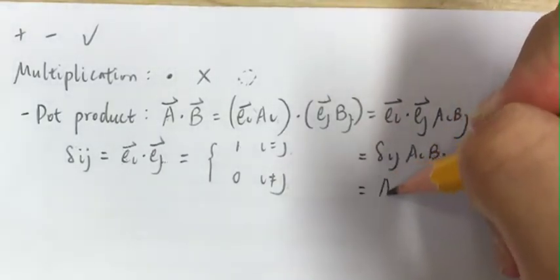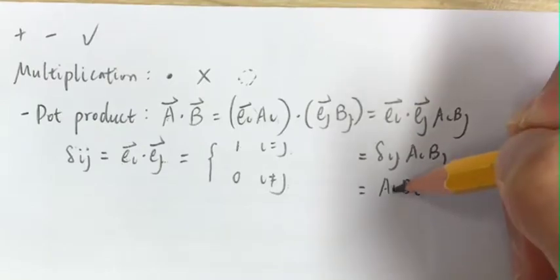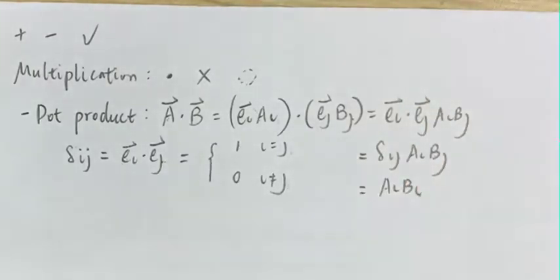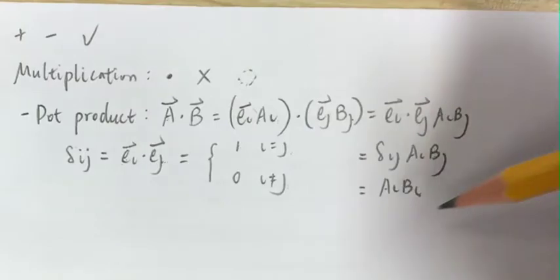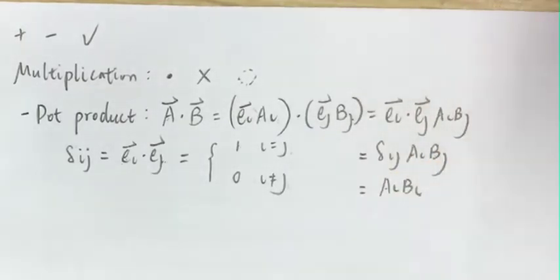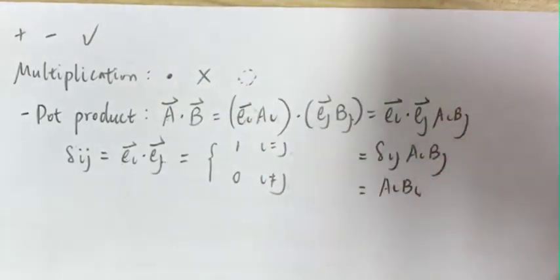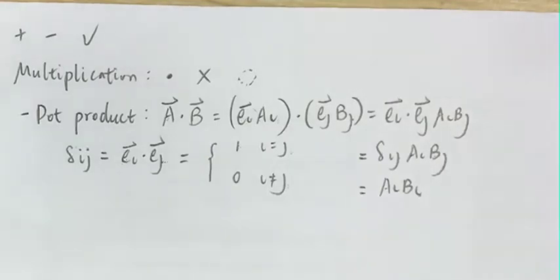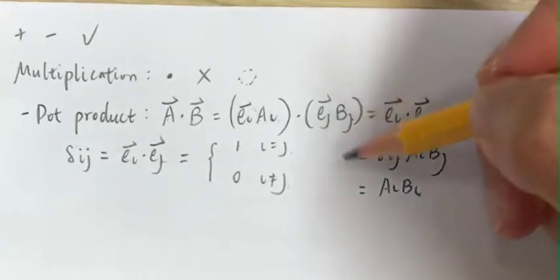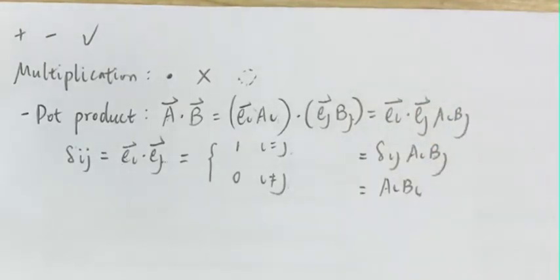So this will give us Ai Bi. Note that there is the same index here, right? So we need to sum this thing from i equals 1 to i equals 3. So what's the result here? If we write it out explicitly, it will be A1 B1 plus A2 B2 plus A3 B3, right? So from the index notation, this is the result we finally get.